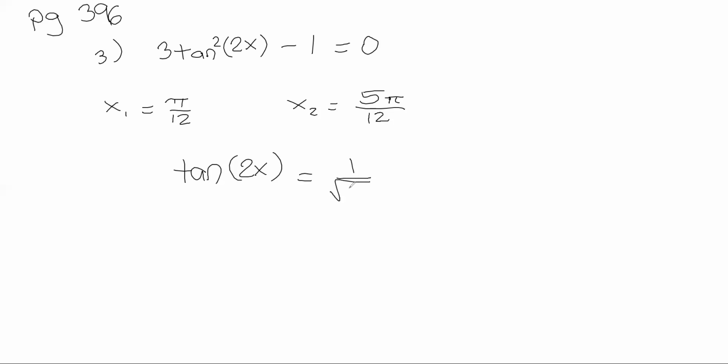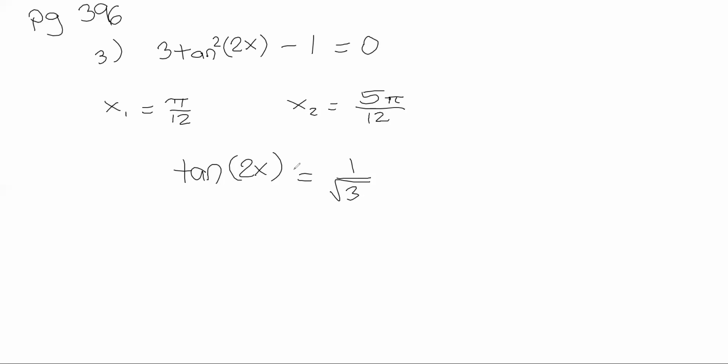So now that we have it in this form, let's compare this with not tangent of 2x, but with tangent of x equals 1 over root 3. They'd be similar, but the 2x on the inside means that our period is shrunk by a factor of 2. The 2x means that we can fit 2 periods into the space that we would normally fit just 1.